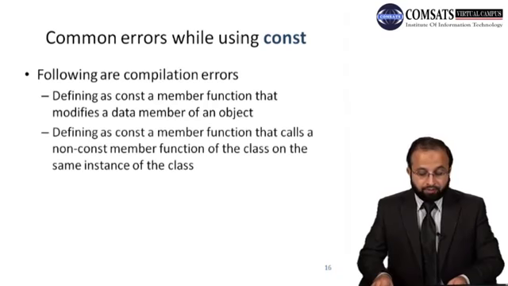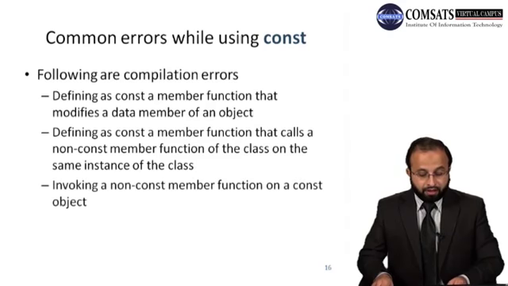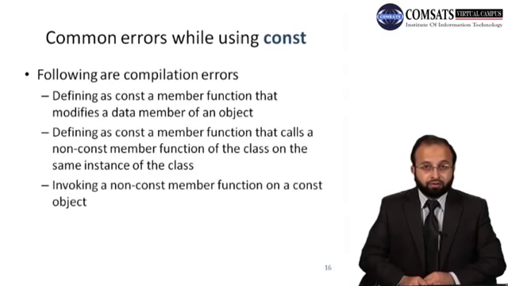Defining a member function that calls a non-const member function of the class on the same instance of the class, and invoking a non-const member function with the const object. With the const object you can only invoke the constant member function, you cannot invoke the non-constant member function, because it will give you an error, right?